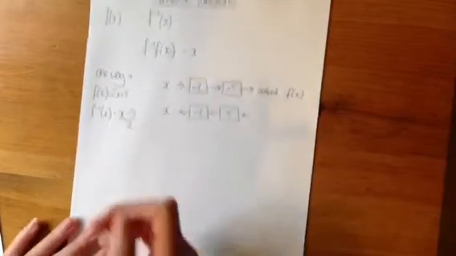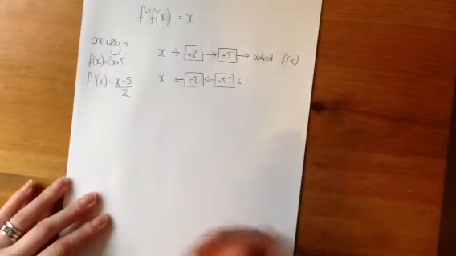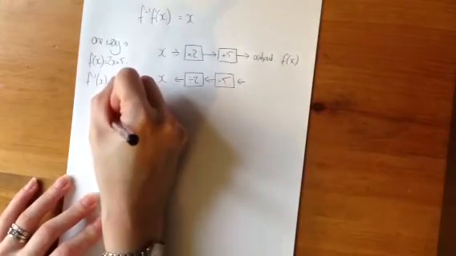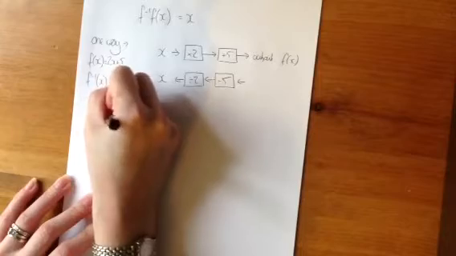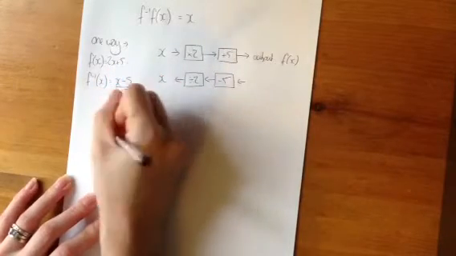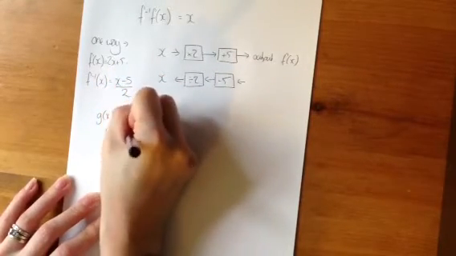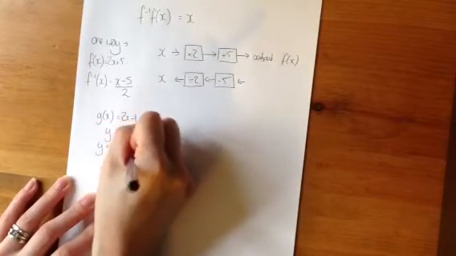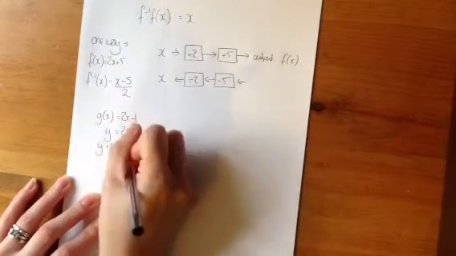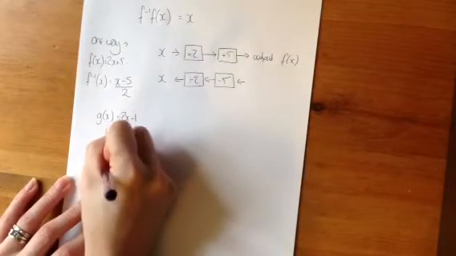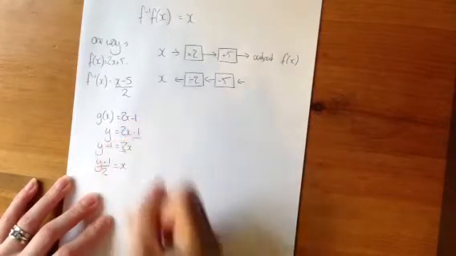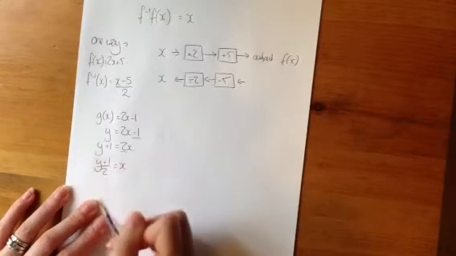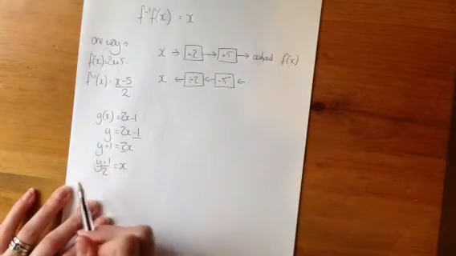Another way to do it is to write it in terms of x and y. If g of x is 2x minus 1, then we put y equals 2x minus 1, and we rearrange it. So we say y plus 1 equals 2x, having taken that over, and then we would divide through by 2. So that would be our inverse function.